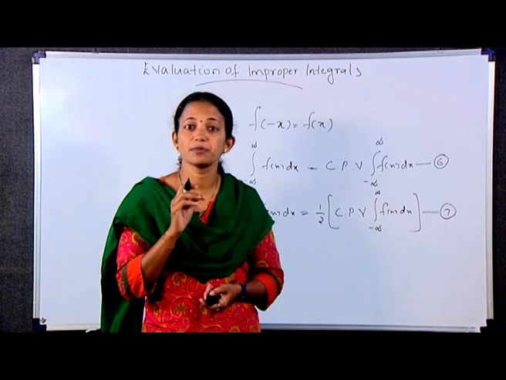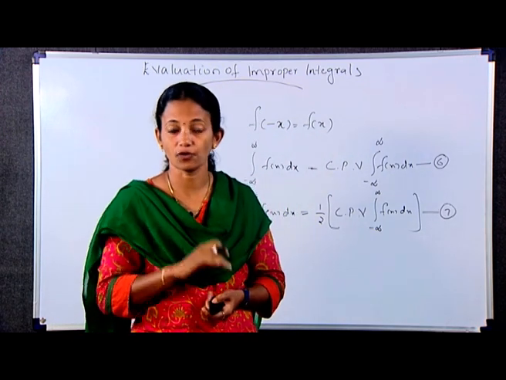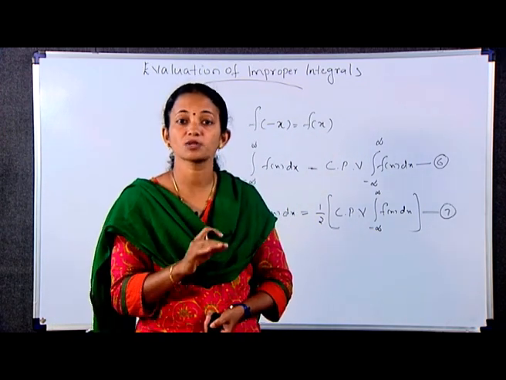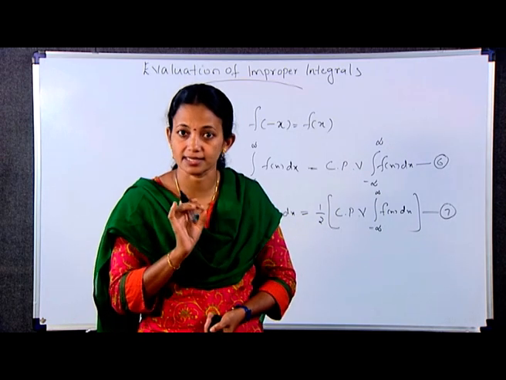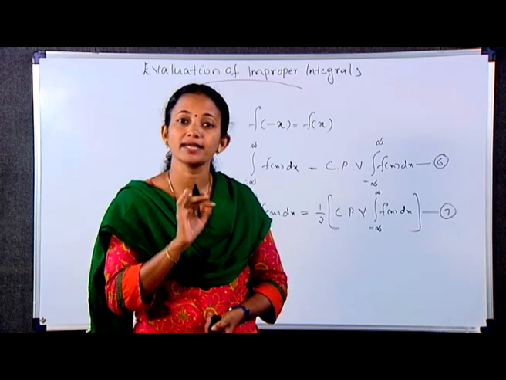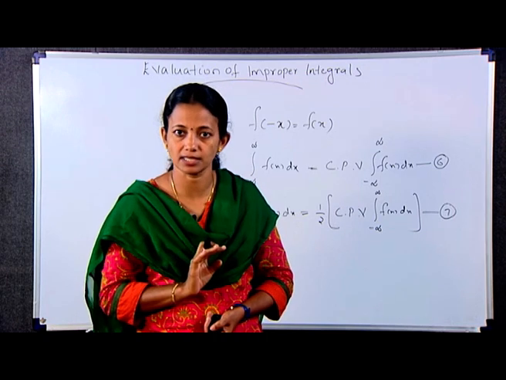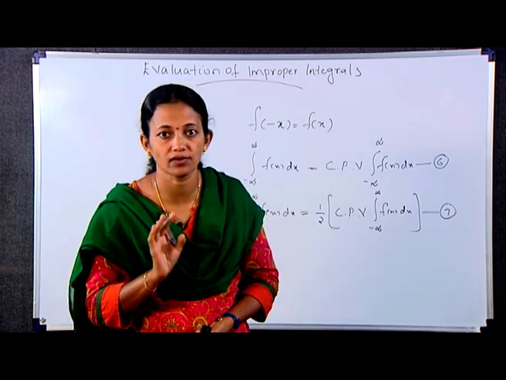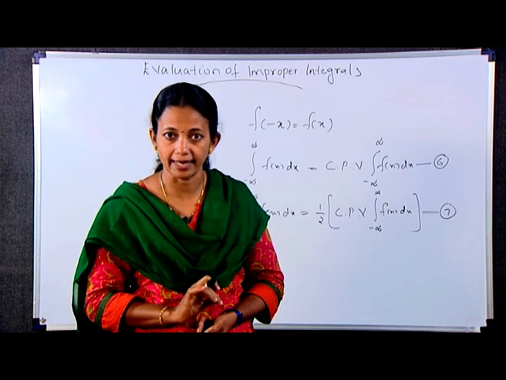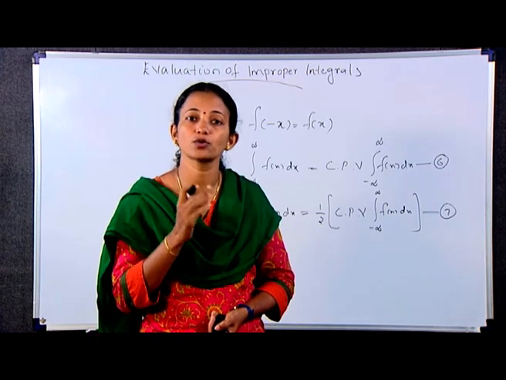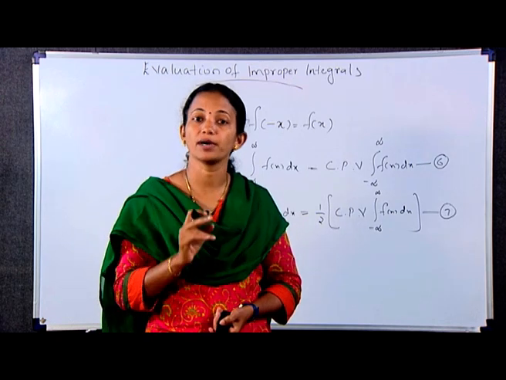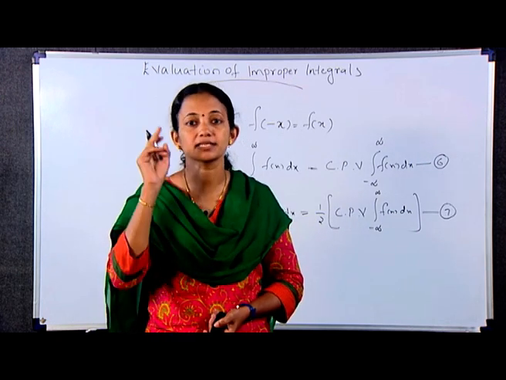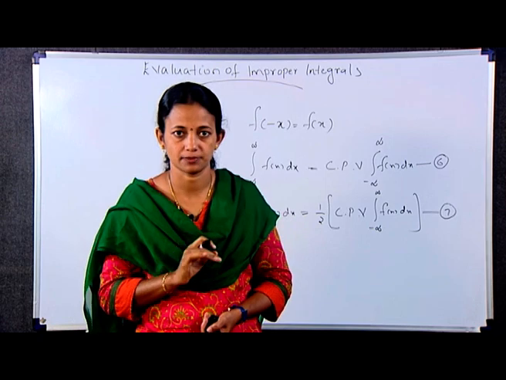Proof. The symmetry of the graph of y equal to f(x) with respect to the y-axis tells us that the integral from minus R1 to 0 of f(x) dx is equal to 1 by 2 times the integral from minus R1 to R1 of f(x) dx, and the integral from 0 to R2 of f(x) dx is equal to 1 by 2 times the integral from minus R2 to R2 of f(x) dx.